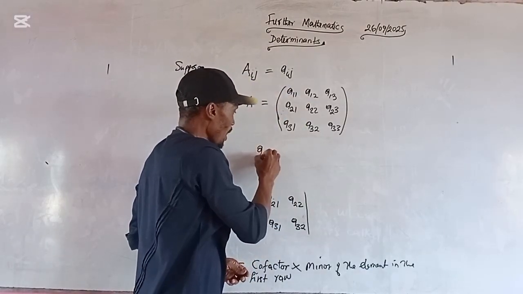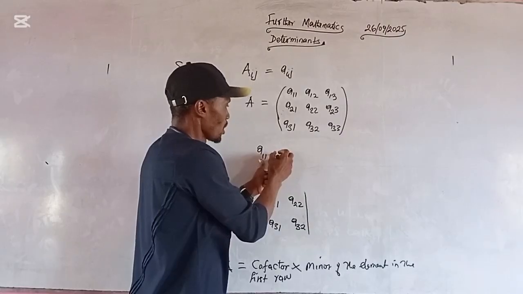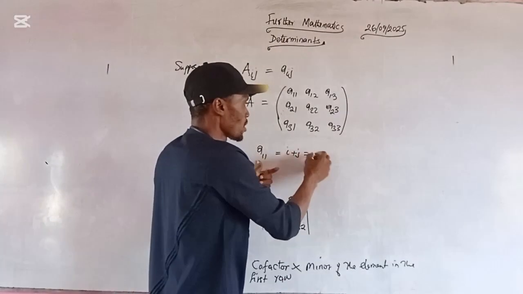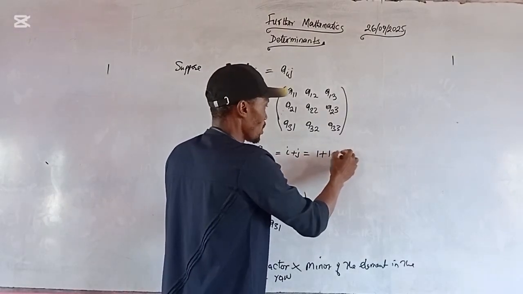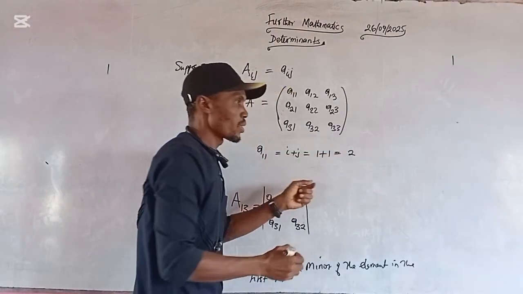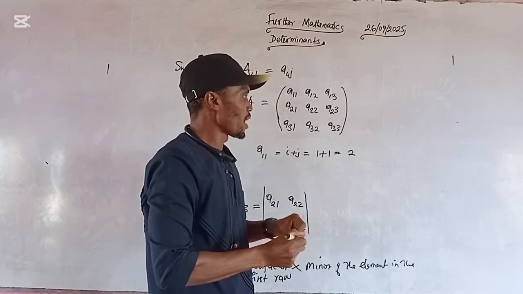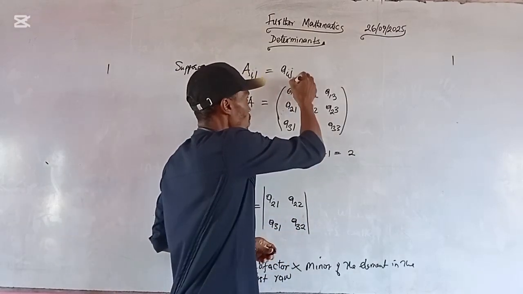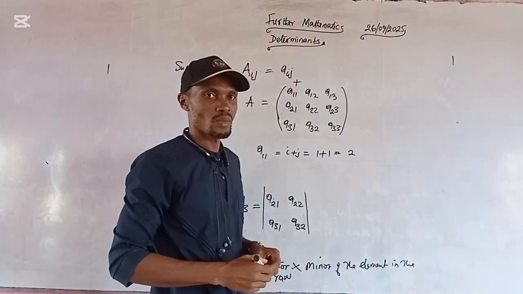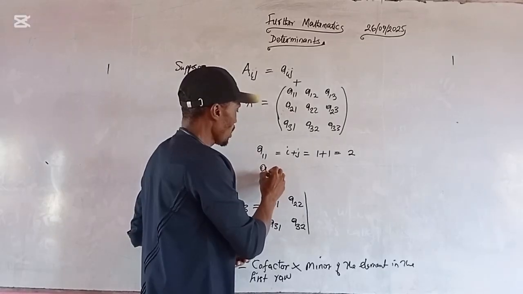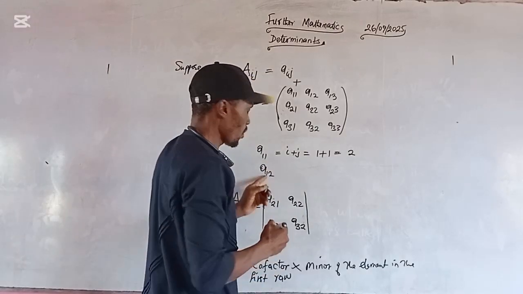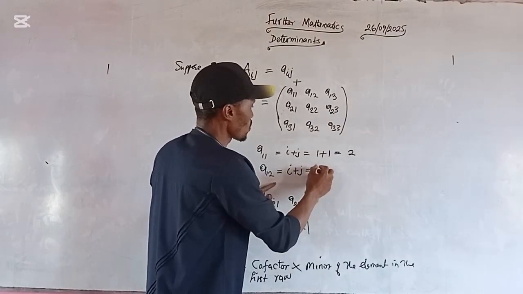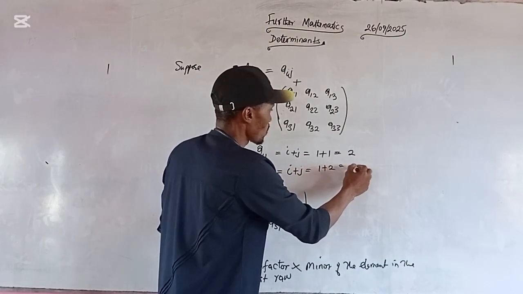The cell address for element A11 is i plus j, and this is equal to 1 plus 1, which is equal to 2. Therefore, since we have an even number as the cell address for A11, we assign a positive sign. For A12, we have i plus j equal to 1 plus 2 equal to 3.